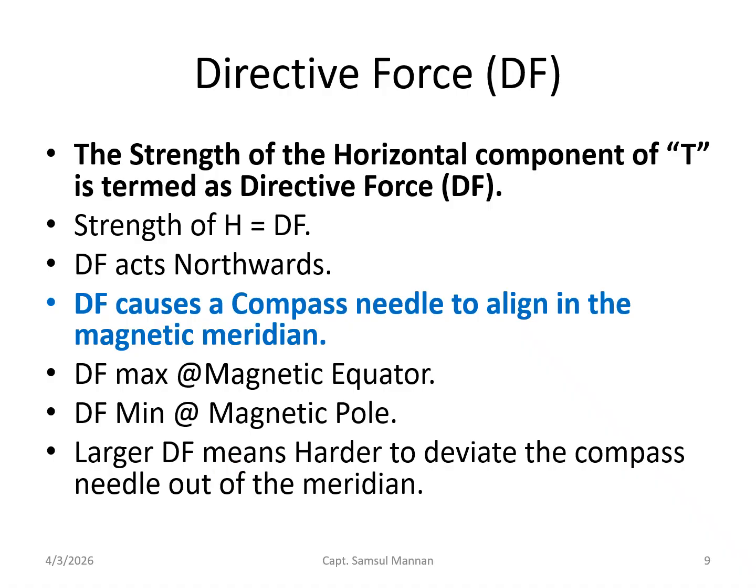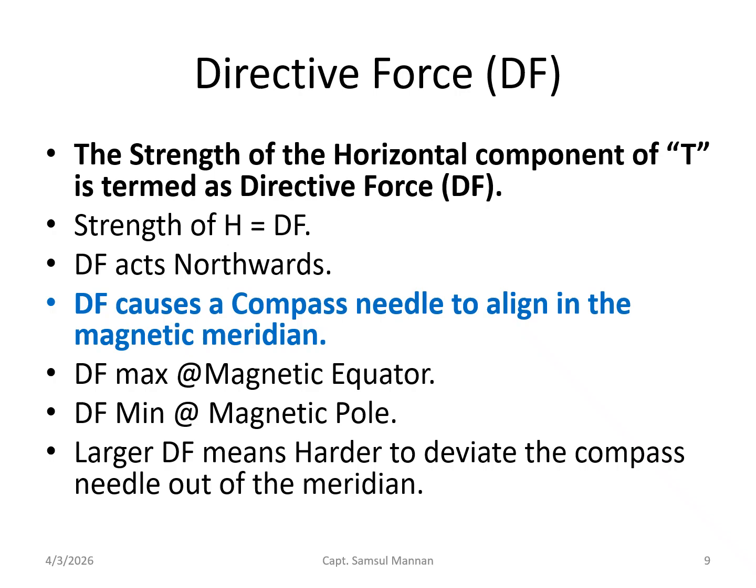So the larger the directive force, the more difficult it is to deviate the compass needle out of the meridian. That's why if we keep a compass needle at the magnetic equator, it is very difficult to deviate that compass needle from the magnetic meridian.